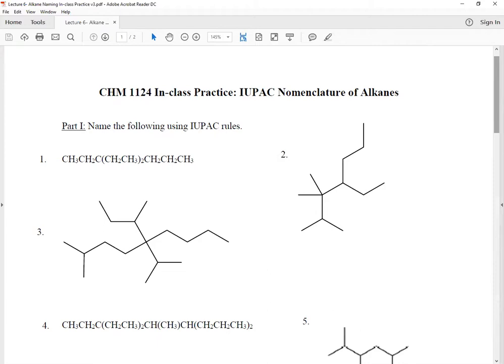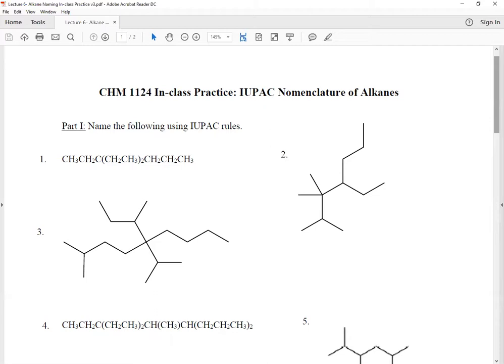What that means is that those two are on that carbon. So if you draw that, you need to flesh it out. So it would be CH3, CH2, C, and then CH2, CH3, CH2, CH3. Does that make sense? And then the rest of the chain.